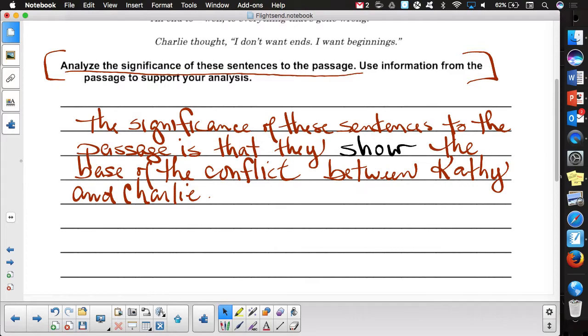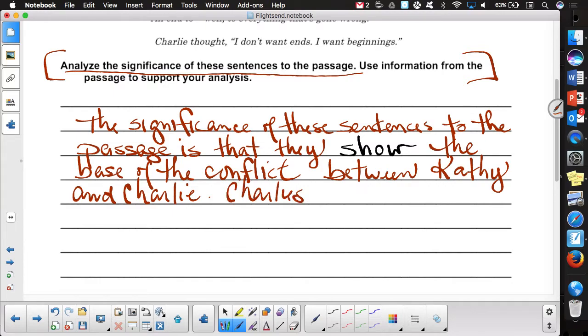What is, and then I'll get to your question. What is the conflict between the two of them? One wants to stay and one wants to go. Who wants to stay? Who wants to go? I'd specify which one. Kathy wants to go and Charlie wants to stay.